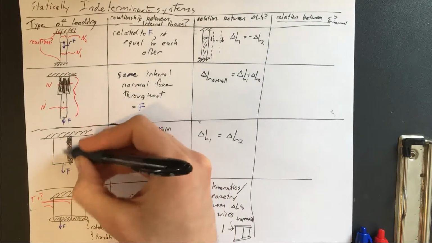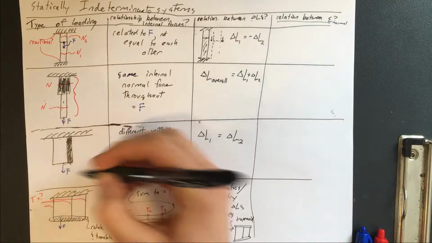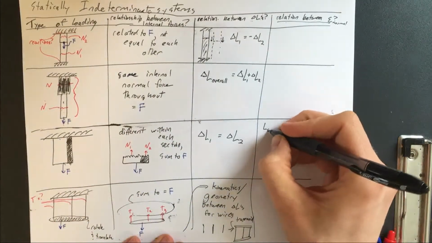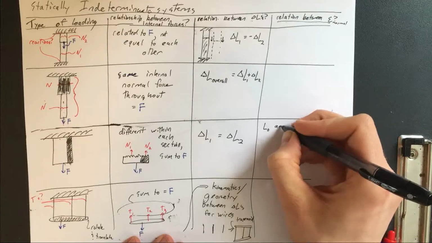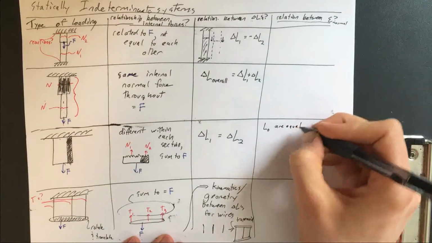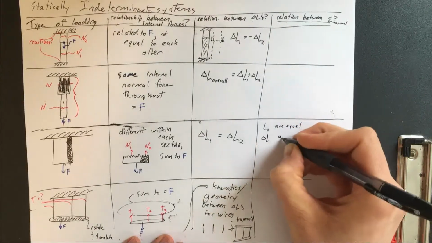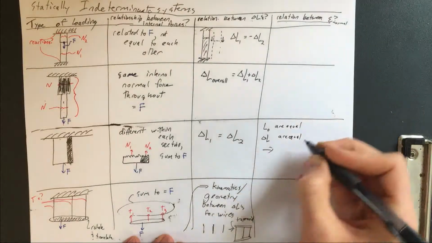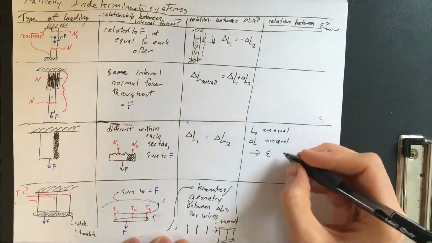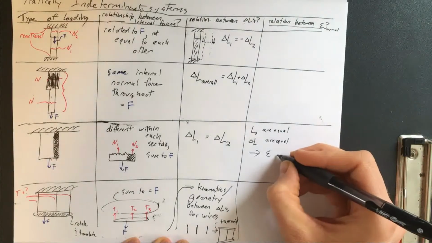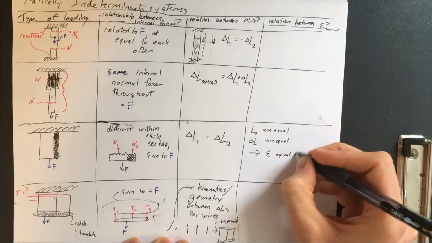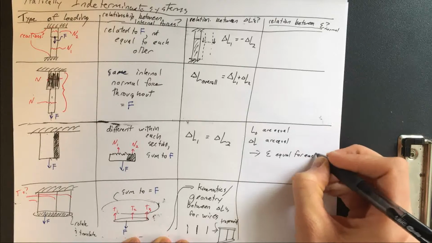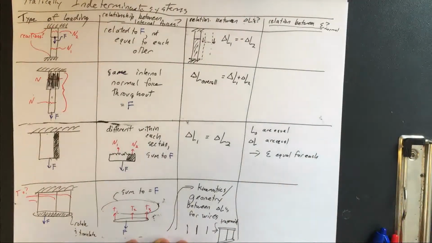If they start off with the same length and they have the same delta L's, so the original lengths are equal, and the delta L's are equal, that implies that the strain must also be equal for each.